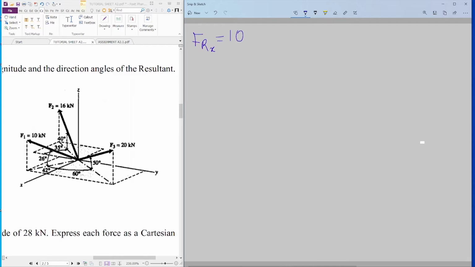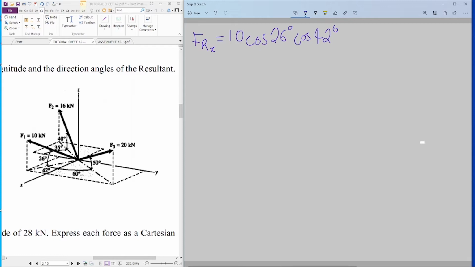And then using that F1 prime, I'll do again cos 42 to find the Fx. So I'll just write it here: cos 26 degrees times cos 42 degrees. So this will give me, for F1, the X component. Okay? Sorry, we are trying to be a little bit fast.